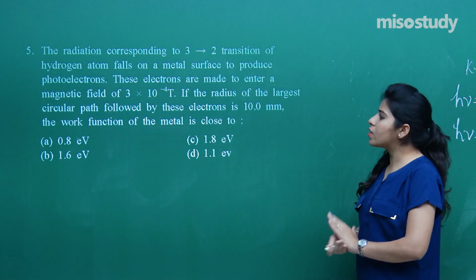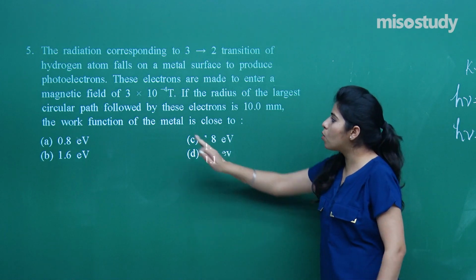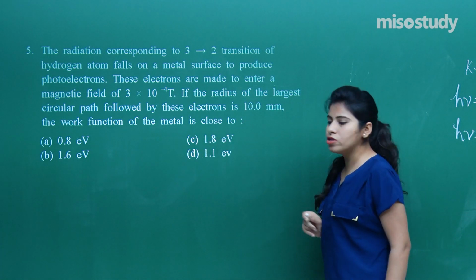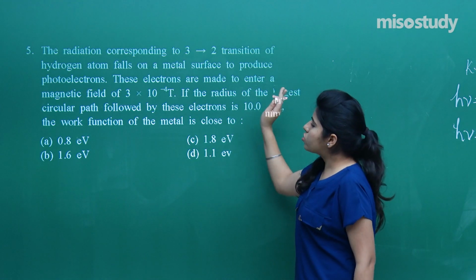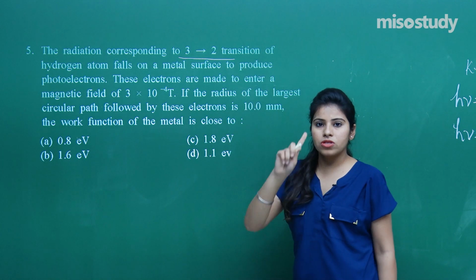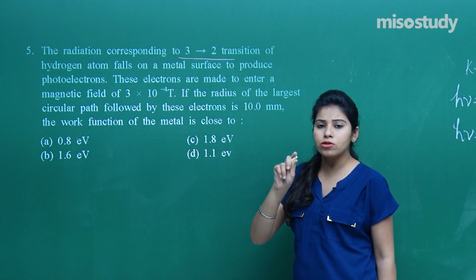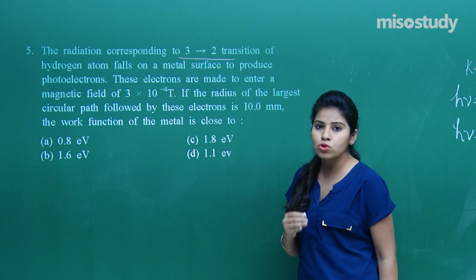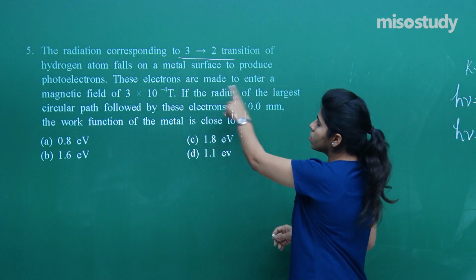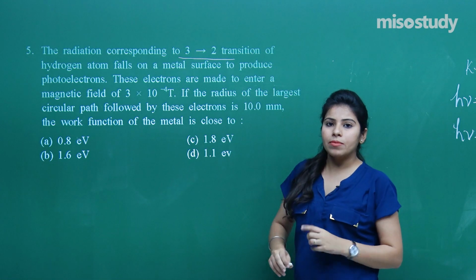If the radius of the largest circular path followed by these electrons is 10 millimeter, what is the work function? First of all, the thing that has been given is the transition, energy level n equals 3 to energy level n equals 2. And during the transition, the photoelectrons are being emitted.